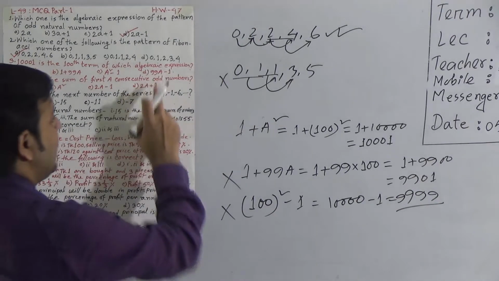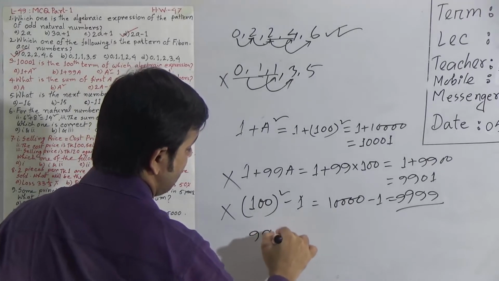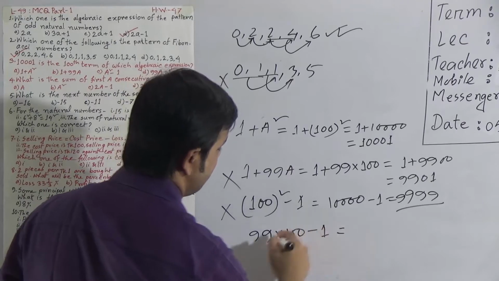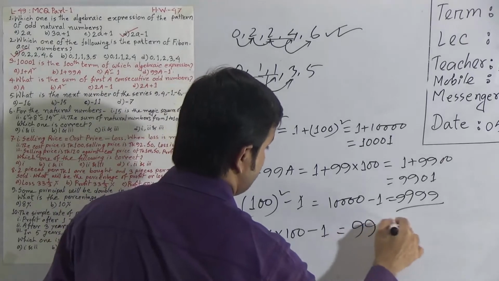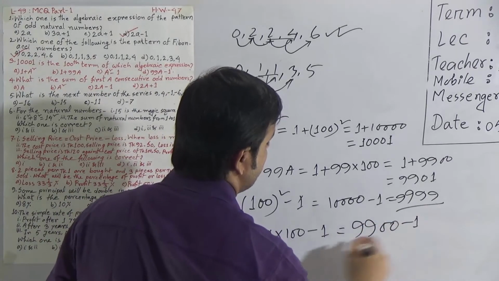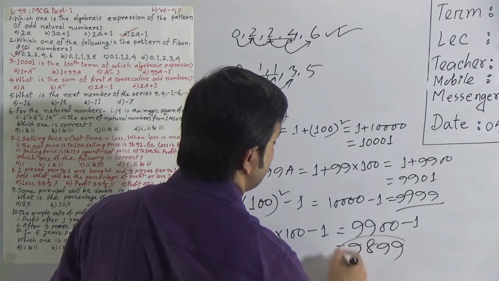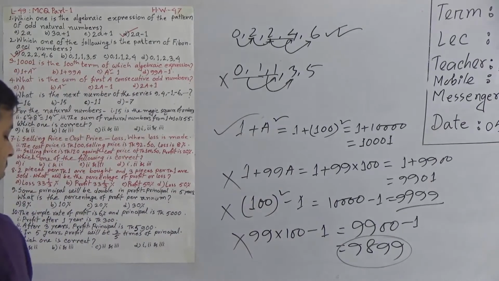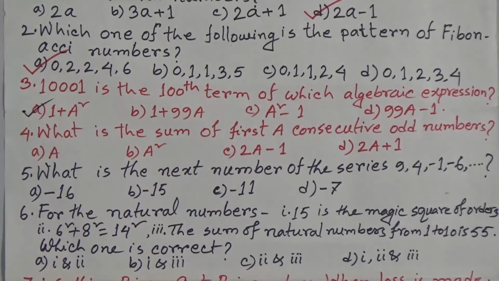Then D: 99a minus 1. 99 multiplied by 100 minus 1 means 9,900 minus 1, which should be 9,899. But this one is also not correct. So the first one, that is 1 plus a square, we can take as the answer: A.